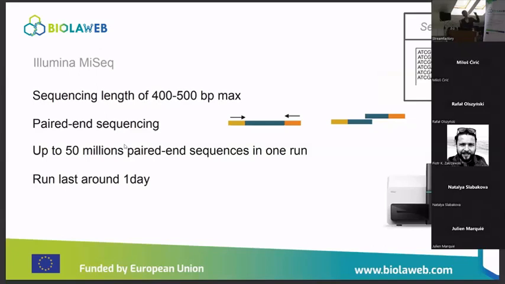So if you sequence in one way and the other way, you can then merge those two reads and get a longer sequence. I don't know if I was clear on that. And with this technology, you can have up to 50 million and maybe more sequences in one run that lasts around 1 day.